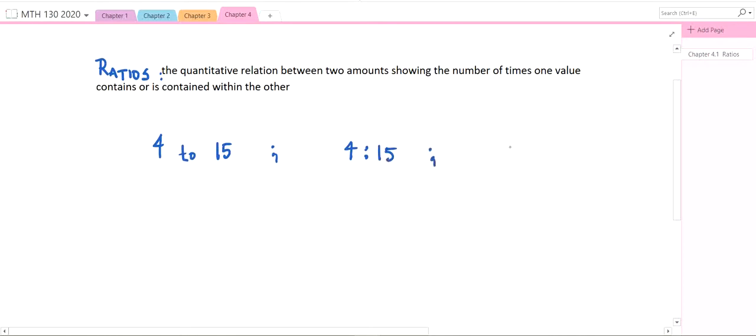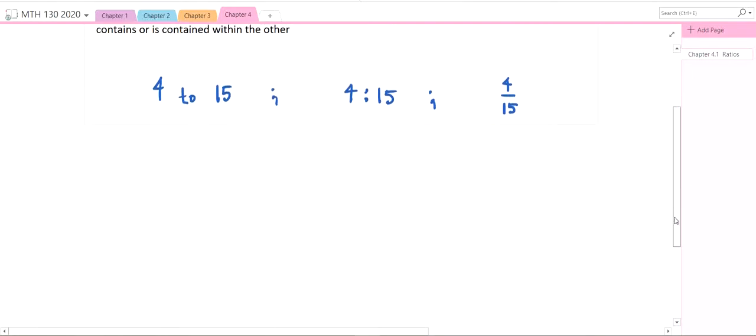And we can also represent ratios as fractions, 4 to 15 or 4 over 15. So since we can represent them as fractions, we can do all the things we learned to do with fractions in the previous chapters to them.